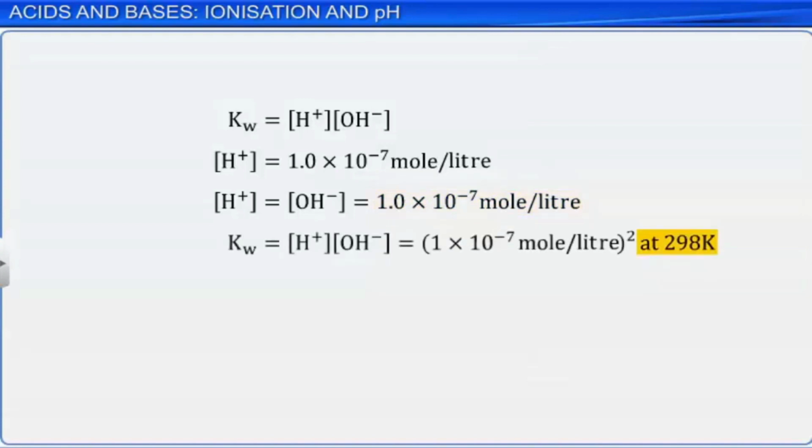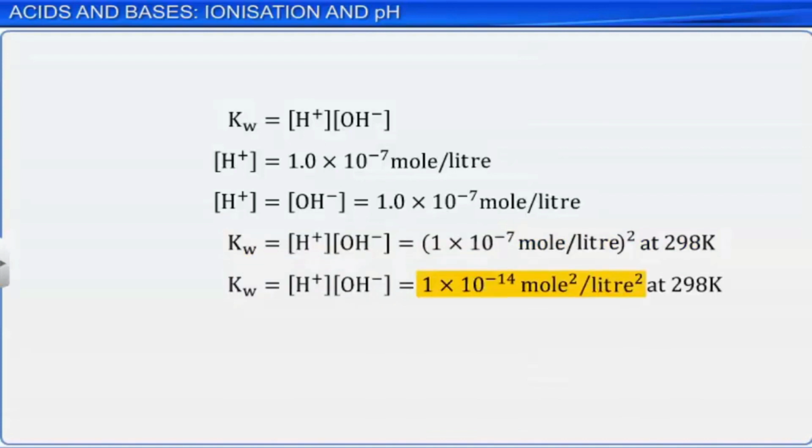Thus, at 298 Kelvin, the ionic product of water, which is equal to the product of the concentrations of H+ and OH- ions, is equal to 1 multiplied by 10 to the power of minus 7, raised to the power of 2 moles per liter.